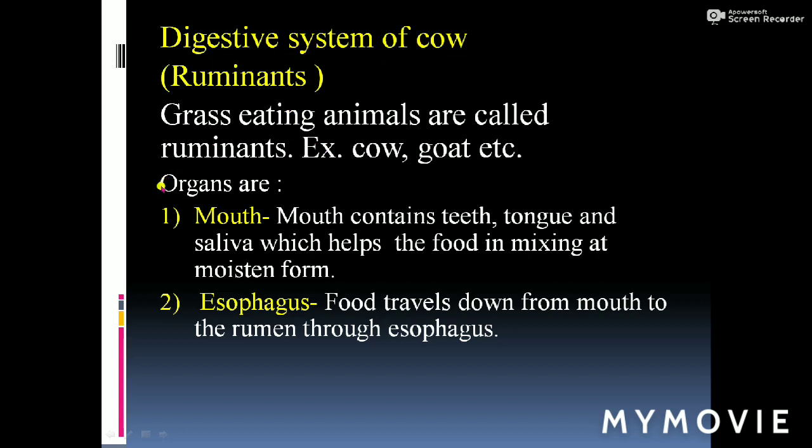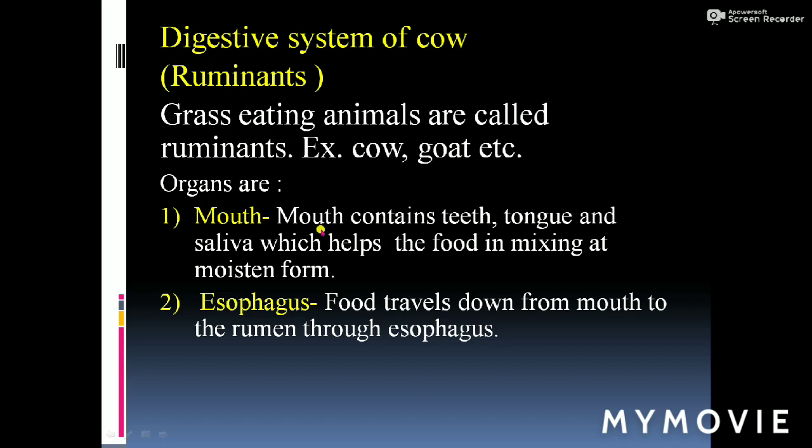You see here, what are the organs? First is mouth. Children, as in human being, you have seen the mouth is the organ through which the ruminants or the herbivores eat the food.